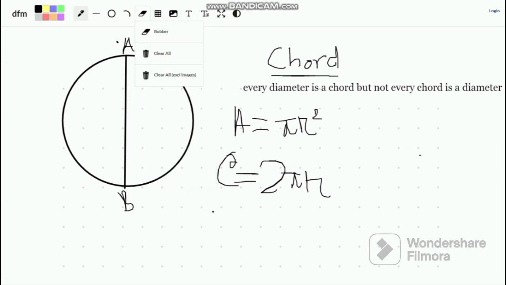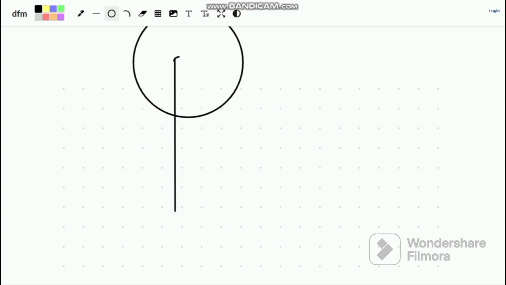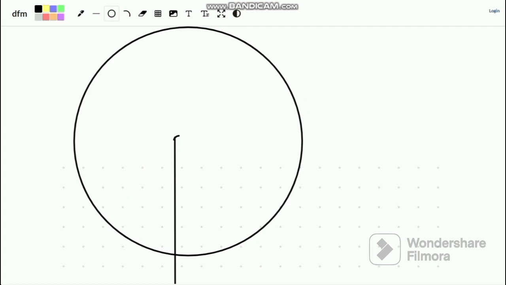Okay, now what if, let's say, let me clear all of this. What if there's a circle which is divided into two? Sorry, my bad.